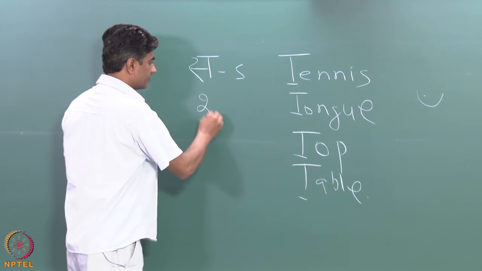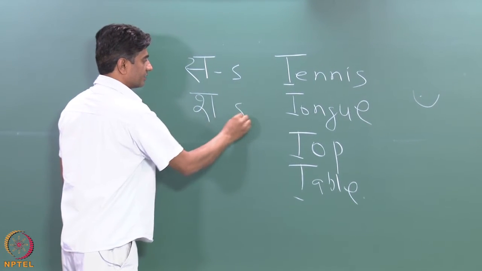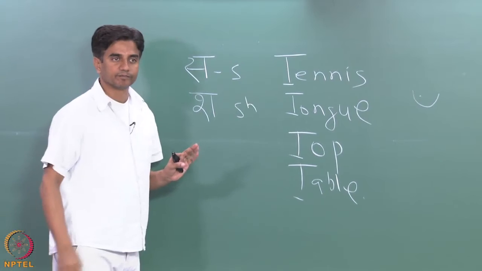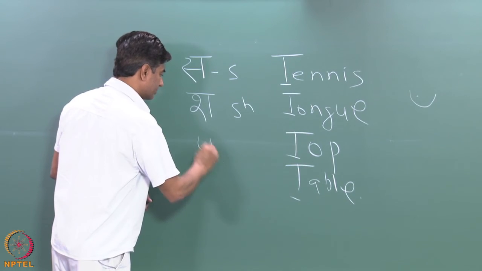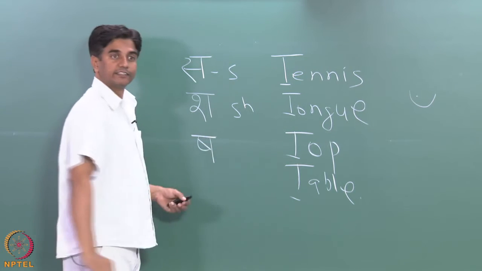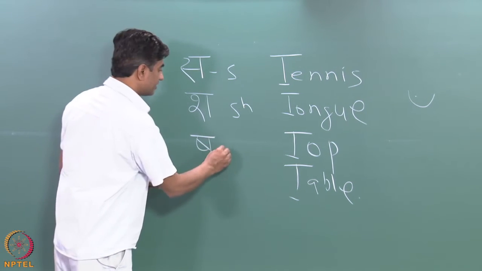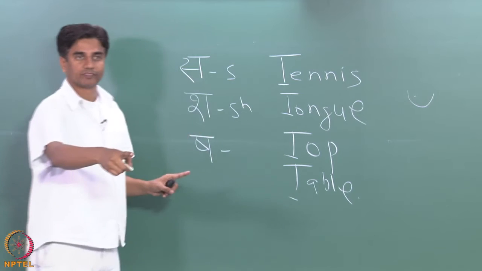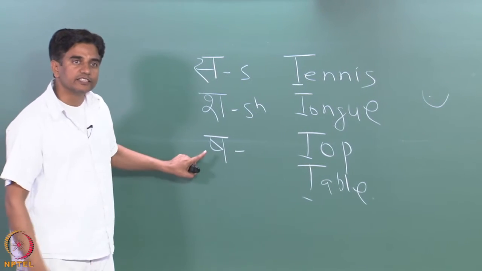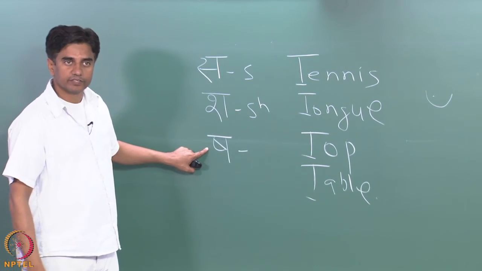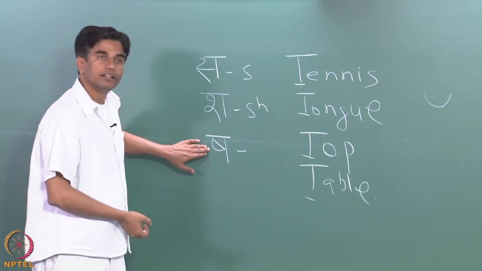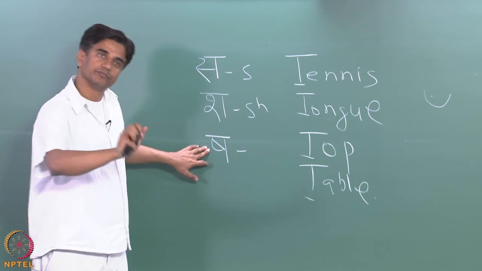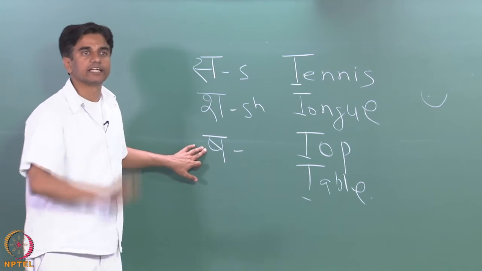Then we have this, which is the second one here. And then I'm talking about something like this, right? Which is the third one. Third one is this, right? So this is a writing system. This is a symbol for that sound. Get it? Symbol for that sound.